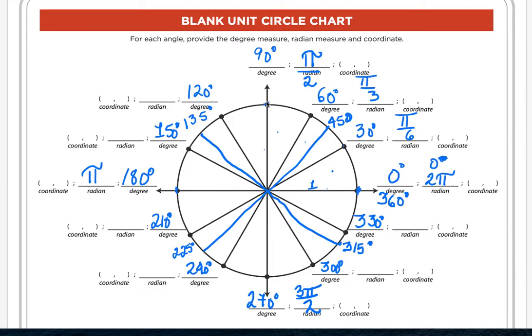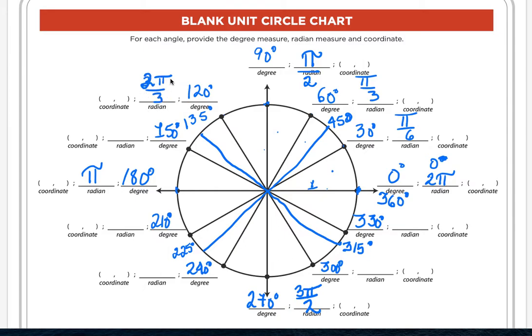And I'm basically going to get 3 pi over 6, which is the same thing as pi over 2. All right, now I'm going from pi over 2 here. I'm going to add another pi over 6 here. That's 4 pi over 6. And that's going to be the same thing then as 2 pi over 3.